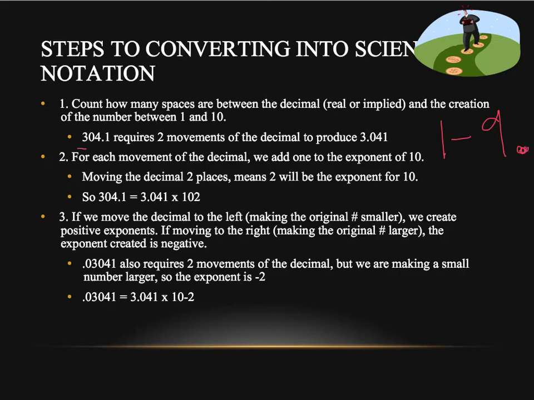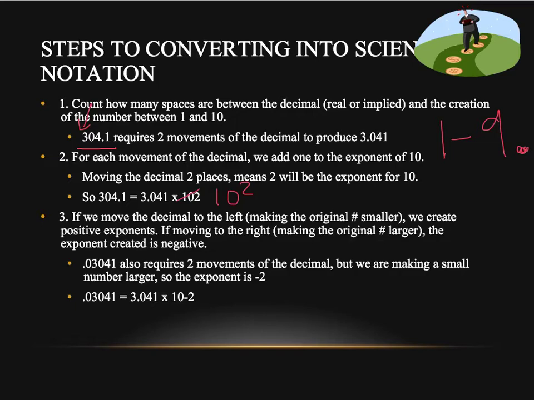So in this example right here, 304.1, we need to move the decimal over so it's right after this number 3, which means we would have to move it 2 places to the left, which means we would have 2 tens represented in that movement. So by moving the decimal 2 places to the left, we are now creating 10 with an exponent of 2. So 304.1 is the equivalent of 3.041 times 10 to the second power.